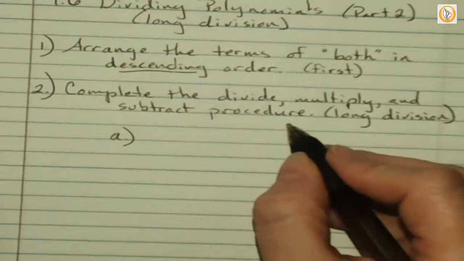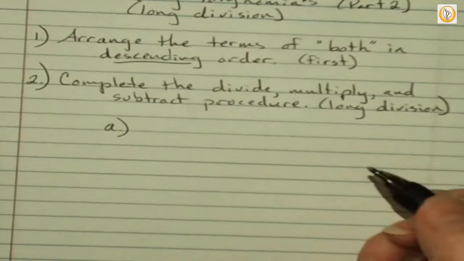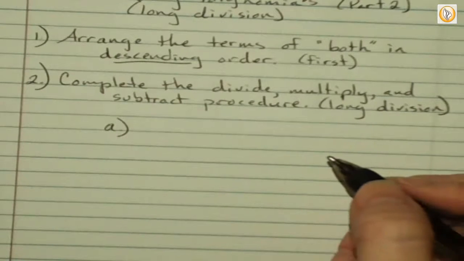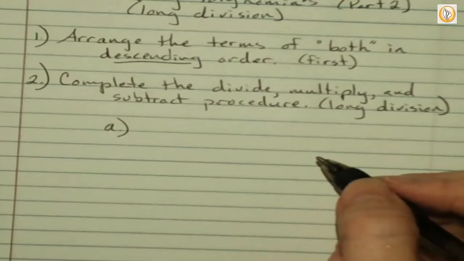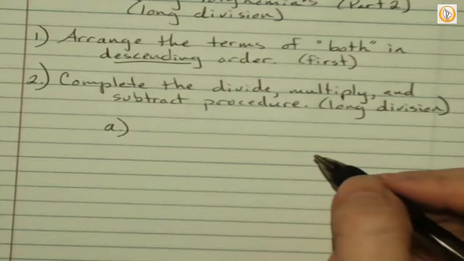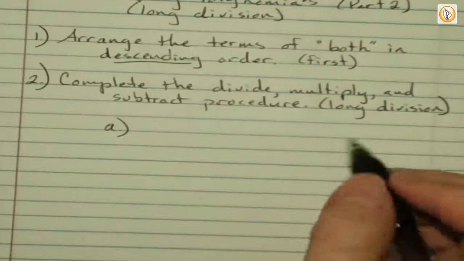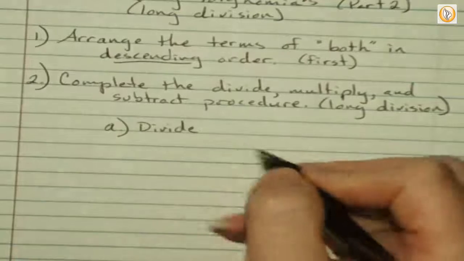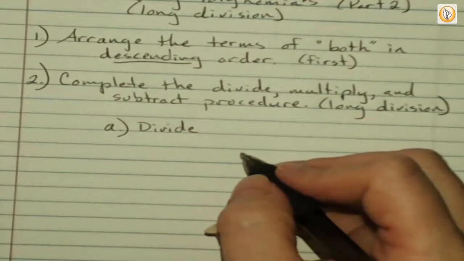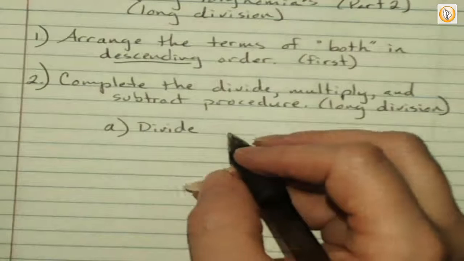Division procedure. All right. The first step of long division. Now there's a weird rule when it comes to dividing polynomials. And A right here is the weird one.